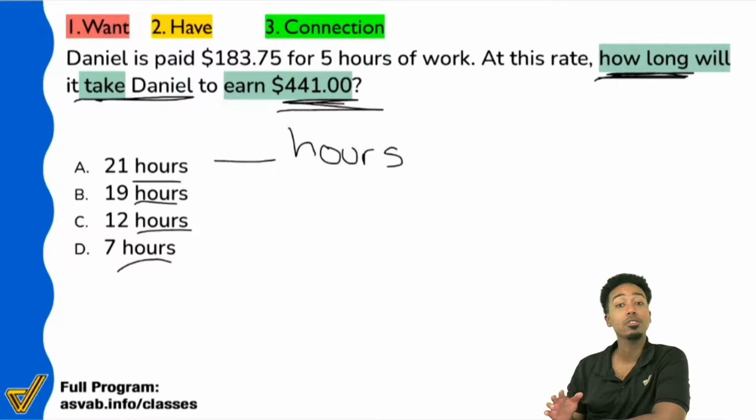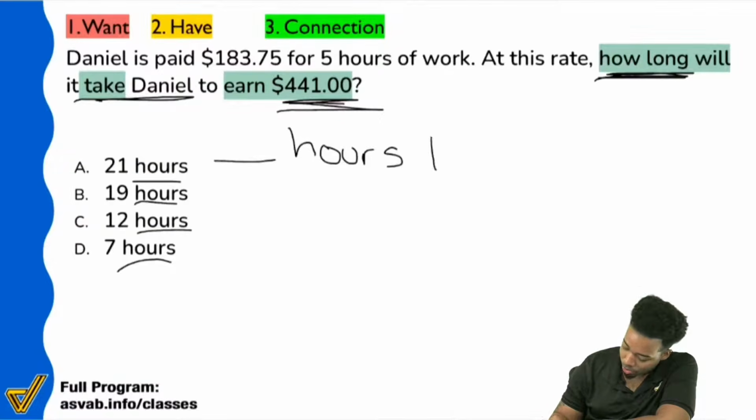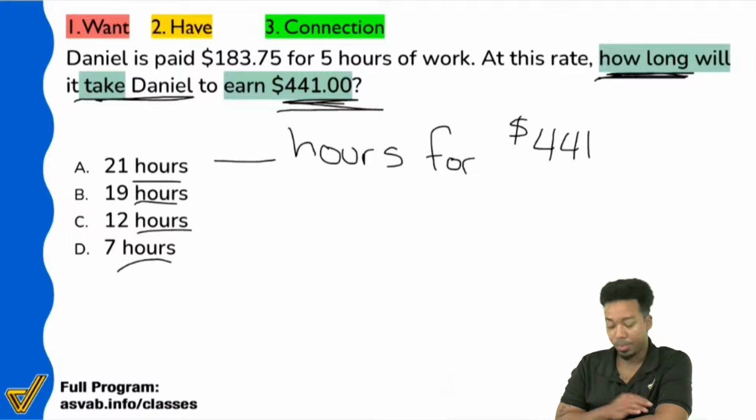Those two pieces of information are connected. So blank hours for $441. Everybody, is that correct? The number of hours we're looking for is connected to $441. Perfect. Sounds good.